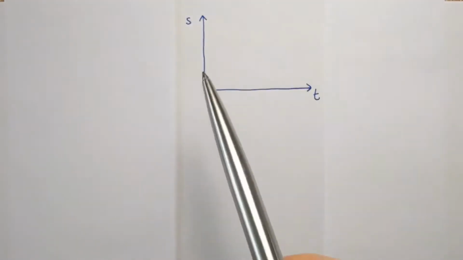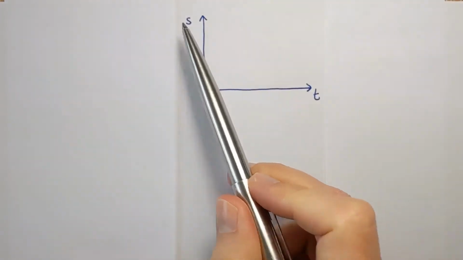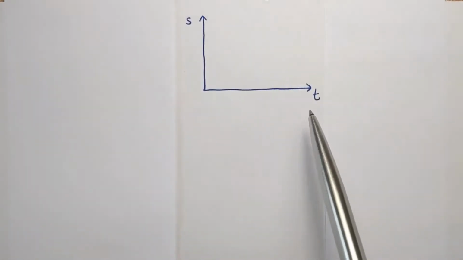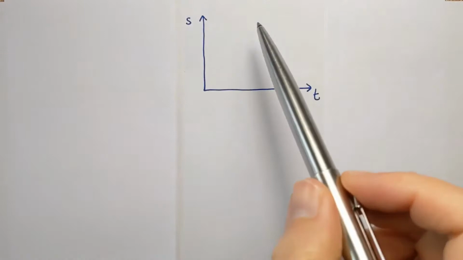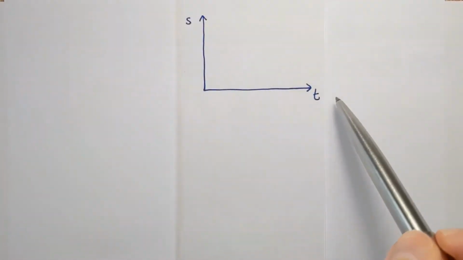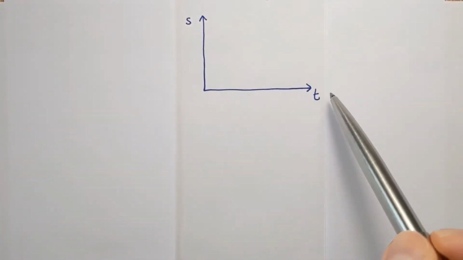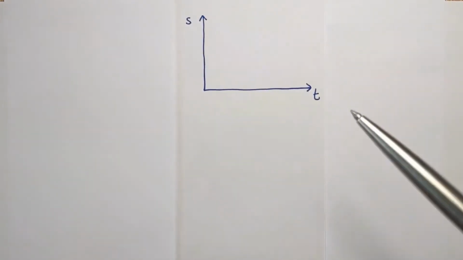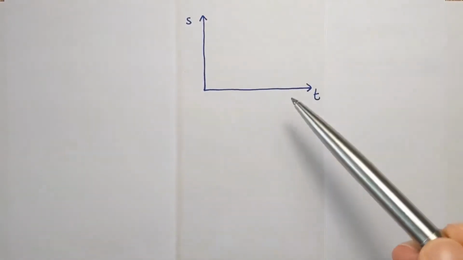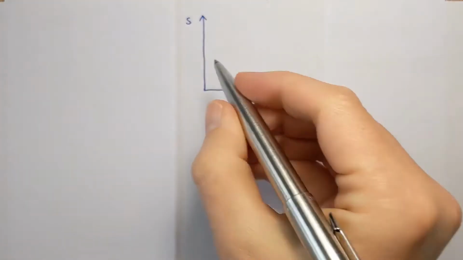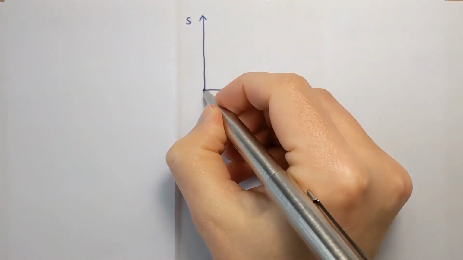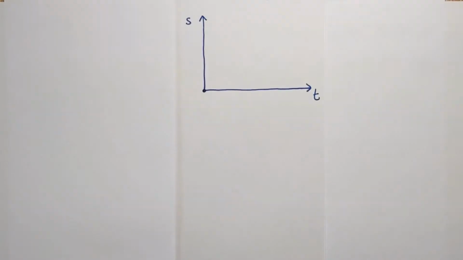The symbol for displacement is s, and when you graph it, you need a different graph for every direction. For example, if this was my forwards and backwards motion, I'd need another graph for my sideways motion and another graph for my up and down motion. Here, 0, 0 is where you start from. That's your starting position.